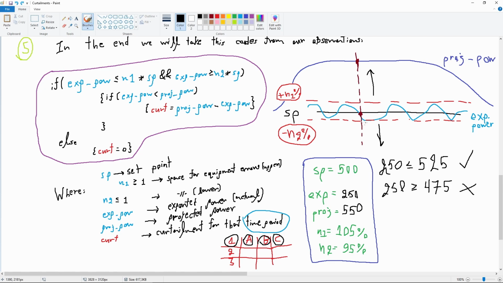So, for example, in this point, my exported power was within the bracketing of the set point, and I did have a difference of projected power with my exported power, which means that I did have a curtailment of this difference. This was my curtailment, this altitude, this height.